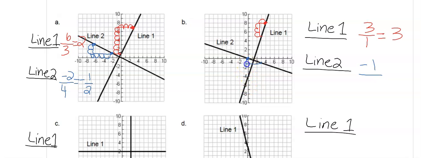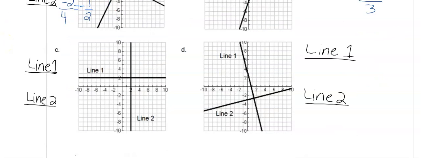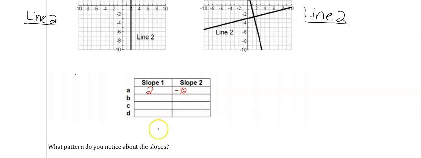And then we're running to the right 1, 2, 3 spots. So our slope for line 2 would be -1/3. So if we go ahead and fill this out in our table, slope 1 for graph B is 3, and slope 2 for graph B is -1/3.